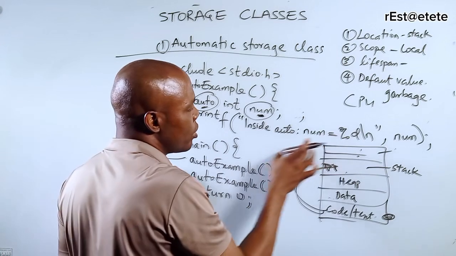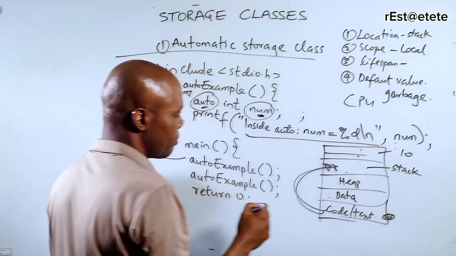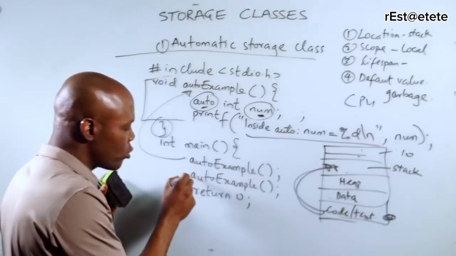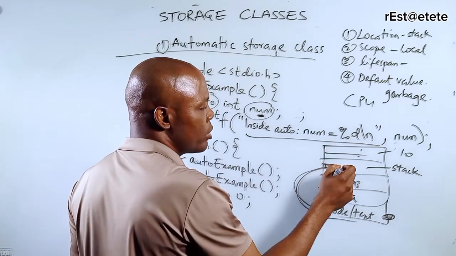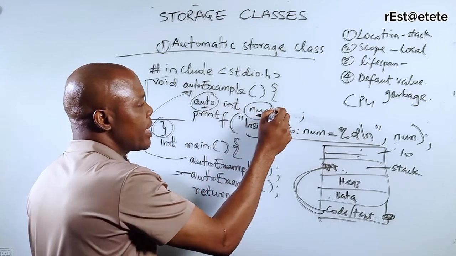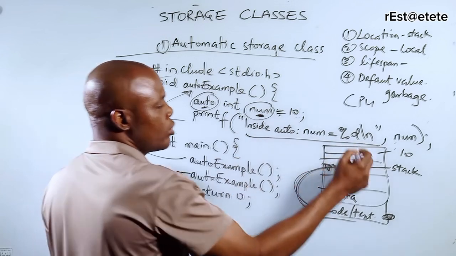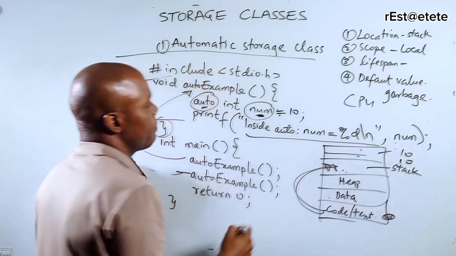So it will print out on the screen this line and num, what? 10. Then it will return back to this main function, and it will call it again. When it calls it again, it will be loaded back into the stack, and then this variable will be created, and 10, which I assigned initially, will be assigned to it. So it will print out this same line again, and it will print out 10.